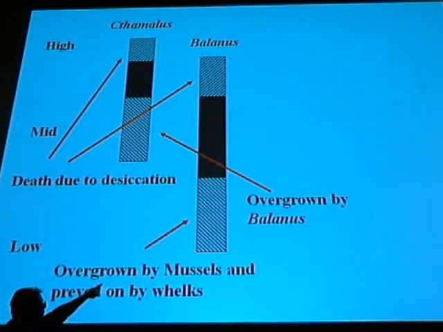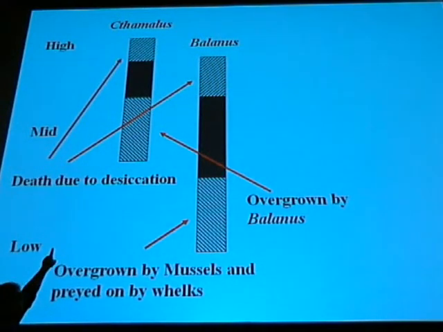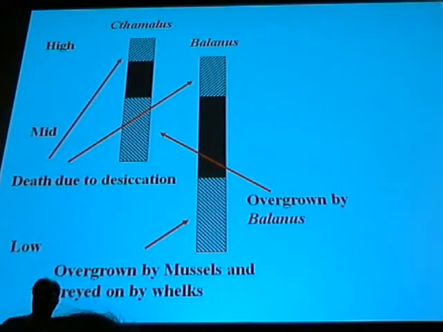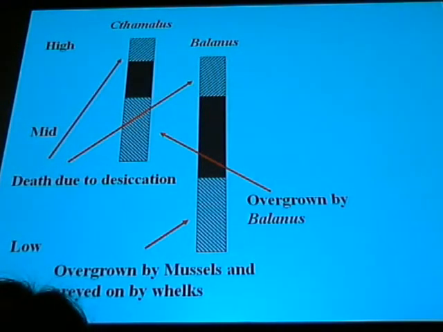And a bunch of them don't survive in the lower zone because they're either overgrown by a superior competitor or overgrown by another competitor, in the case of mussels, or preyed on by whelks. Right? So you can see each species are occupying a smaller portion of their niche than they potentially could in the absence of competitors or predators. Their fundamental niche is larger than their realized niche.